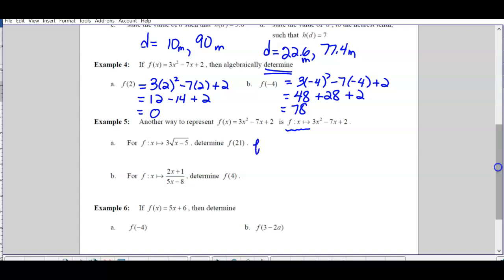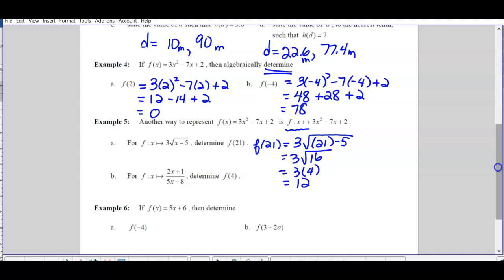So F of 21 equals 3 minus 21 minus 5. I put brackets around what I substitute in, particularly if it's negative. Okay, and that's going to be 3. Notice, oh, that's positive 21, sorry. Do this again. And so that's going to be 16, that's 3 times 4, which is 12.